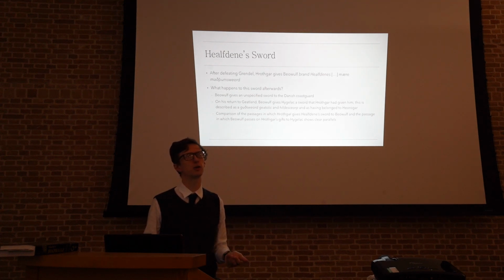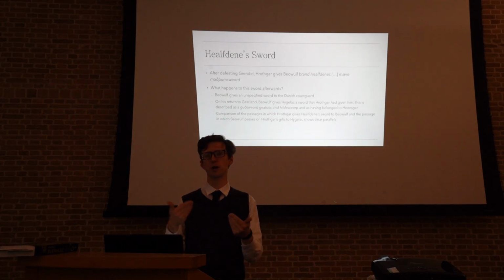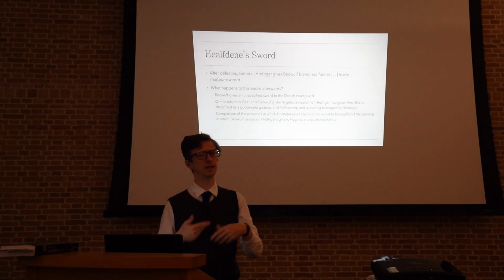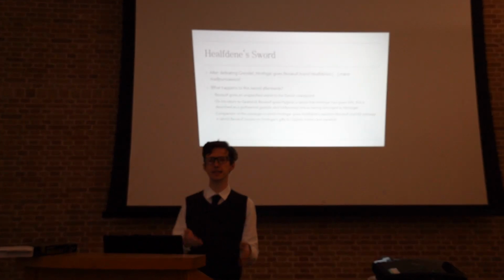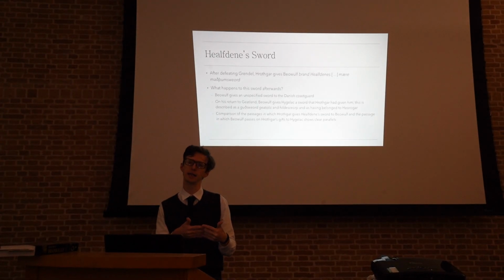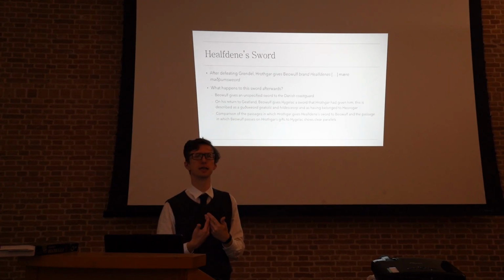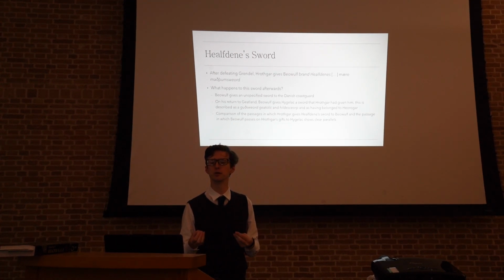It's a very significant thing for Hrothgar to have given to Beowulf, this sword that's been passed down the family line from father to son to brother. Now he's giving it to Beowulf. It says something about the strength of feeling that he has towards Beowulf. And that, I think, is one of the things that swords are very important for in the poem.